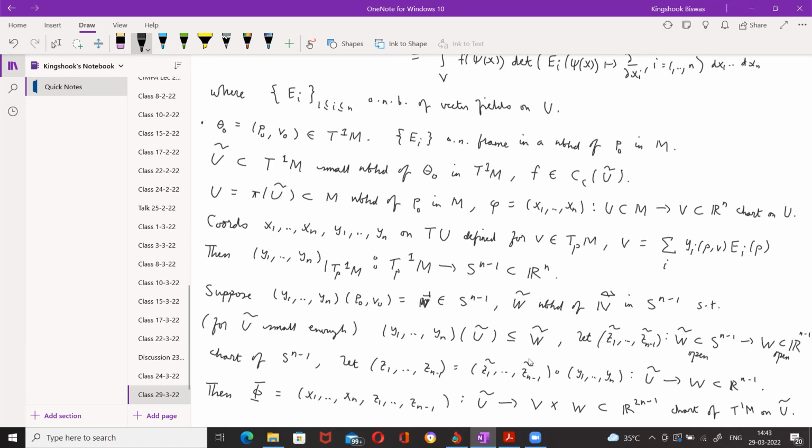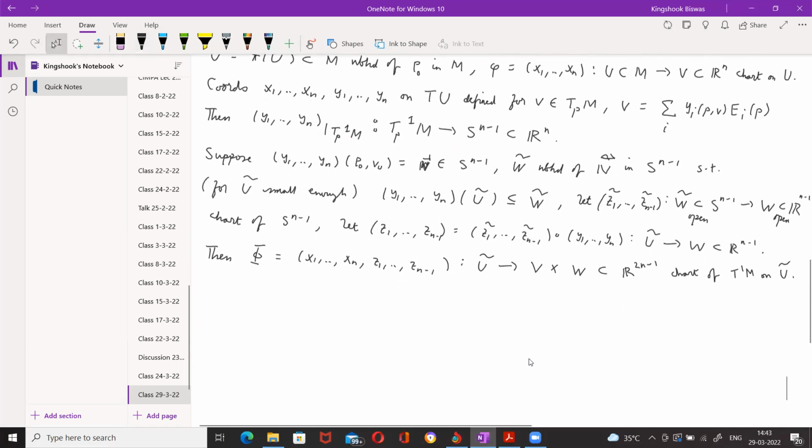Is this okay? This will map into a subset of this V cross W. It won't be onto V cross W. It will map into a subset of V cross W. So is it clear how I've constructed charts on the unit tangent bundle? Yes.